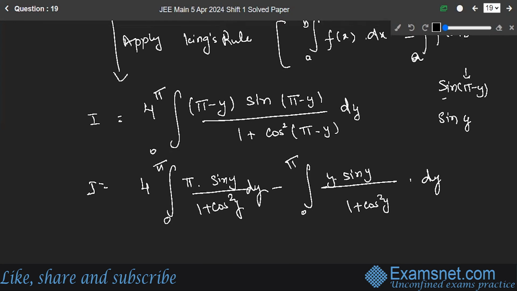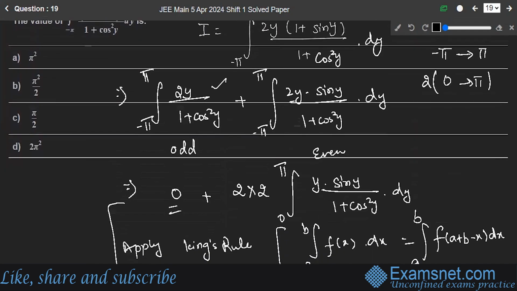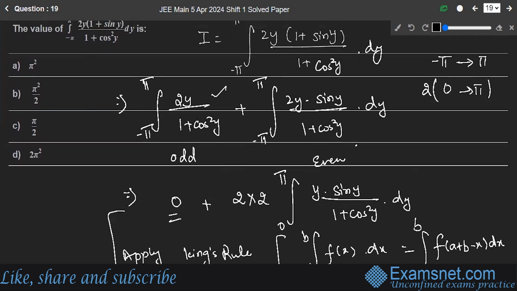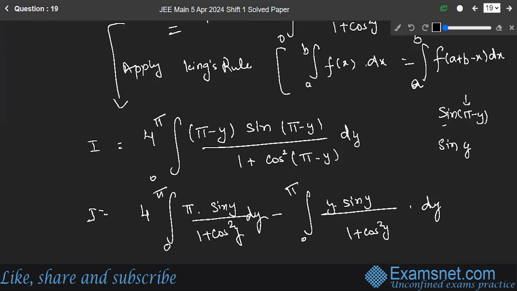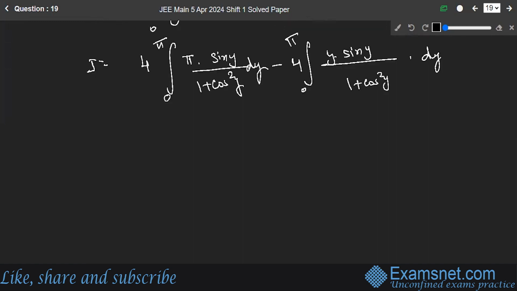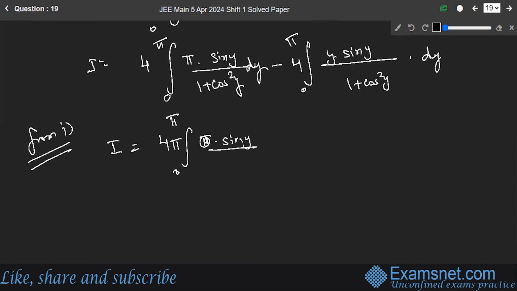Right. So what is this equal to? Just think where we started from. This was equal to your I. Let's see, this is 1. So from 1, here was 4 also. From 1, you have I is equal to 4 integral 0 to pi into pi, let's write it outside only, sine y upon 1 plus cos square y into dy.